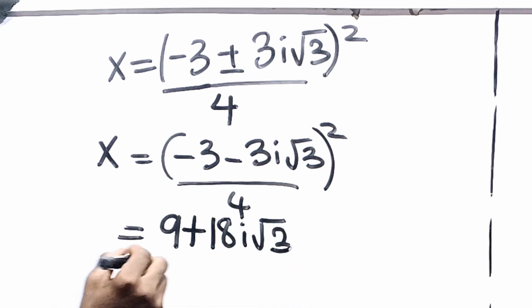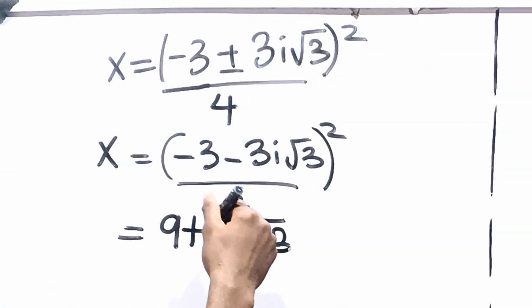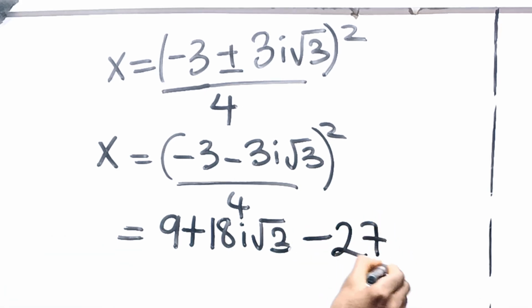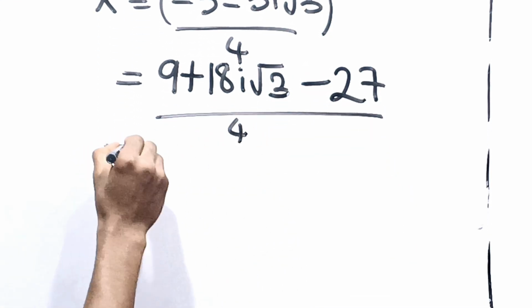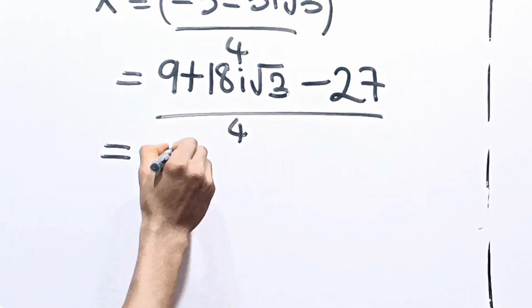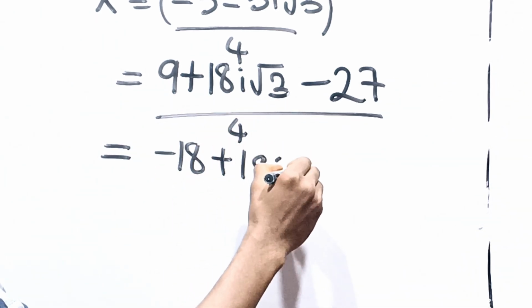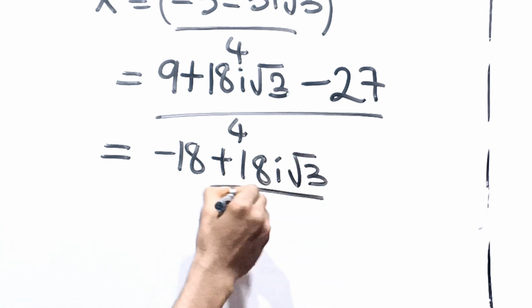And for the last term, we have the same thing as before, minus 27, all over 4. This becomes 9 minus 27, which is negative 18, so we have plus 18i root 3, all over 4.